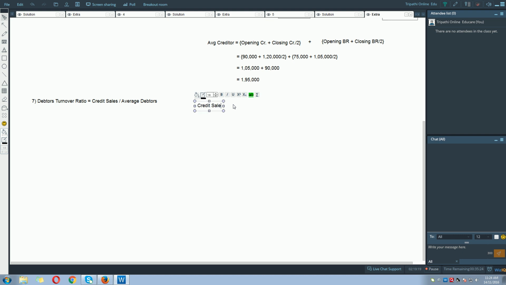So that is equal to, let's see, 1,05,000 plus 90,000. So our average creditor comes to 1,95,000.